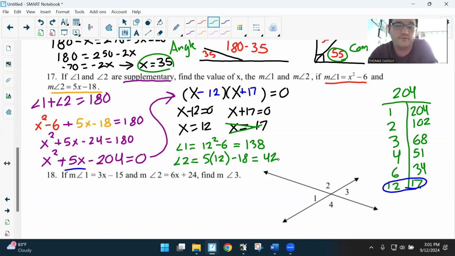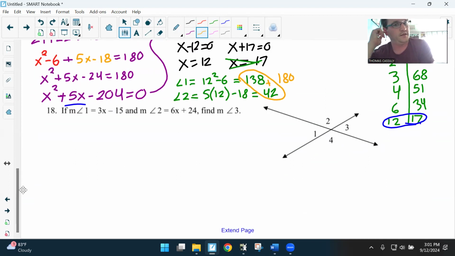So both of those are positive angles. And we know that angle 1 and 2 are supplementary. Look at this: 138 plus 42, you add those together, that gives us 180. And that one's done. So we found x, angle 1, and angle 2.